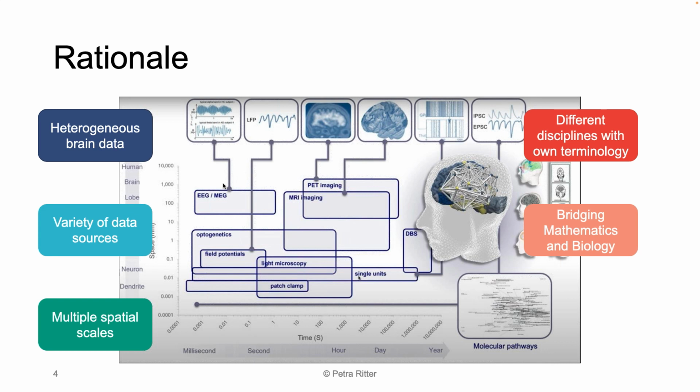The question is, how can we unify those different concepts and bridge mathematics and biology? Therefore, we need a unified framework, a concept that makes this knowledge on those different scales accessible. But let's start from scratch. What is knowledge?